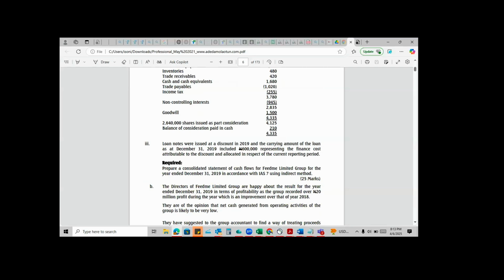So what you are required to do is to prepare consolidated statements of cash flows for Feed Me Limited for the year ended 31st December 2019, in accordance with IAS 7, using the indirect method. All right, let's go back to the additional information.